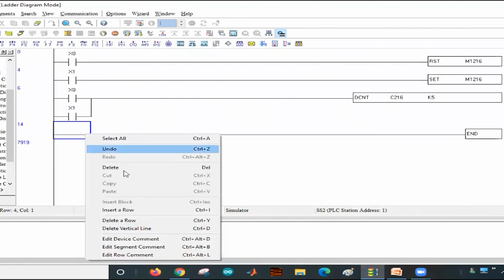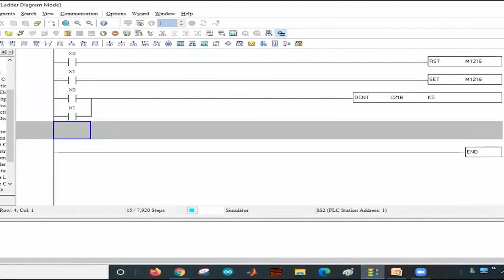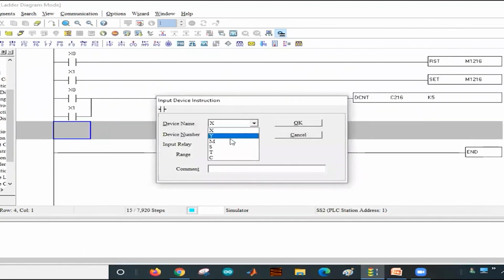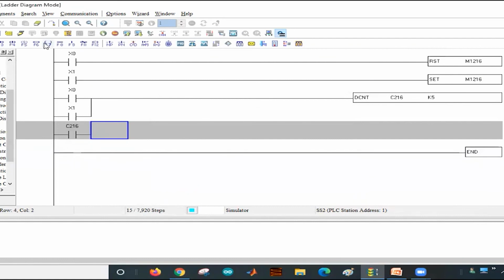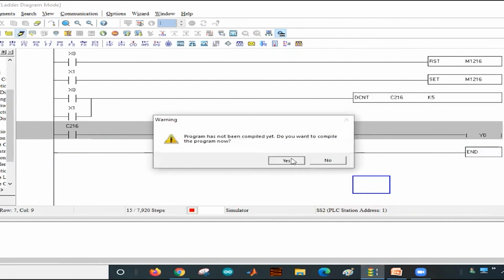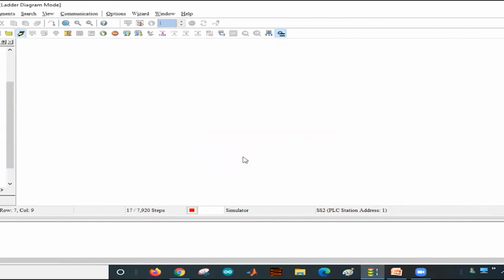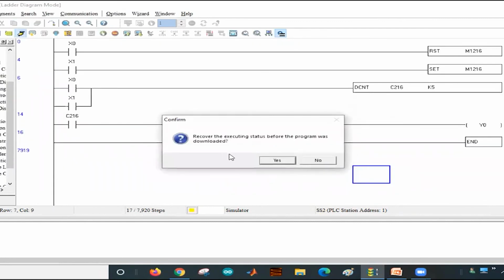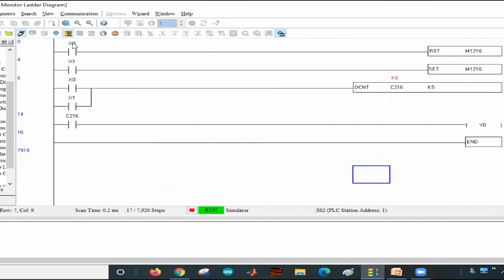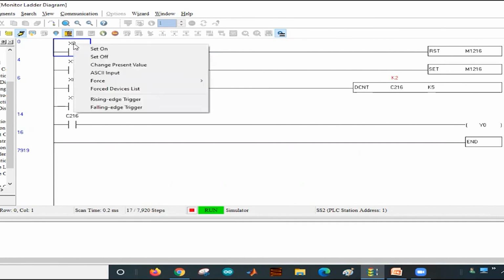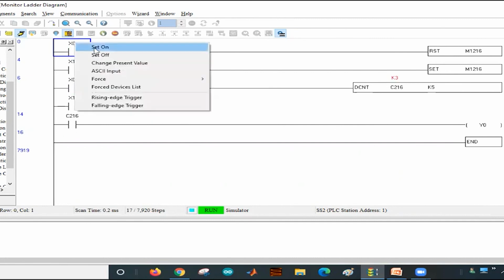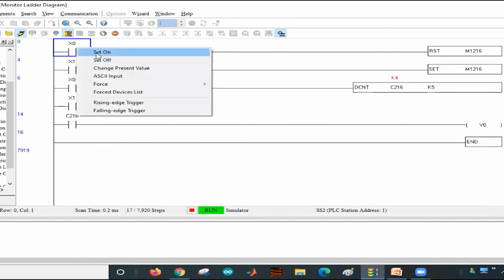Whenever the value 5 is reached, then Y0 has to be on now. So that also you should write. Whenever C216 reaches 5, then Y0 has to be on. 1, 2, 3, 4, 5.